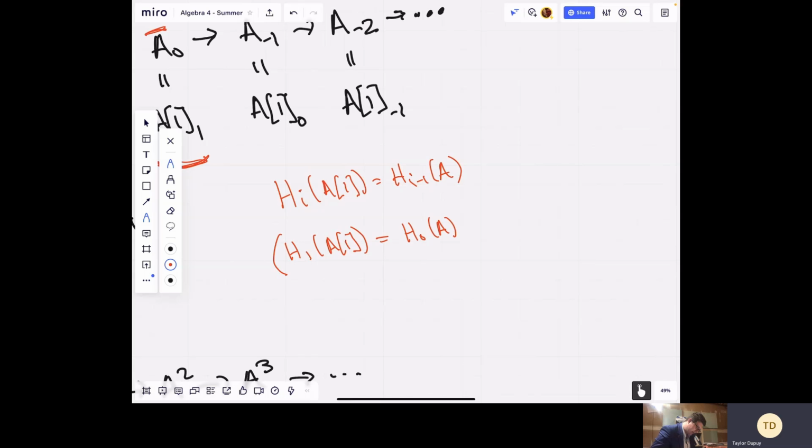So if i is equal to 1, this makes sense. This is the formula that you get.